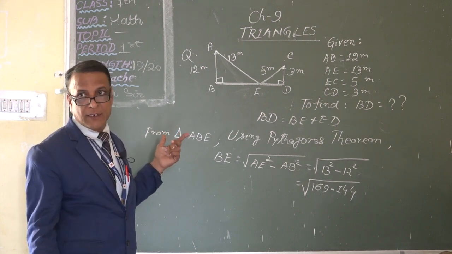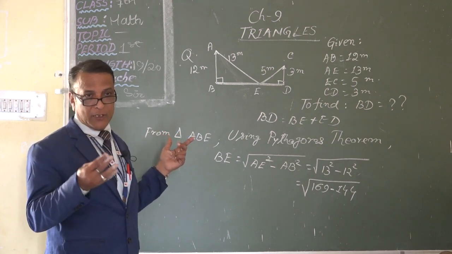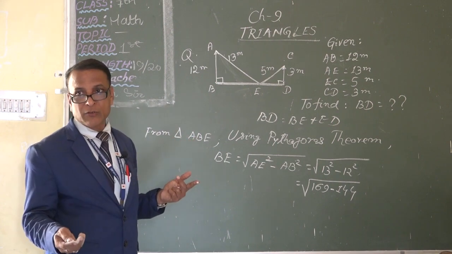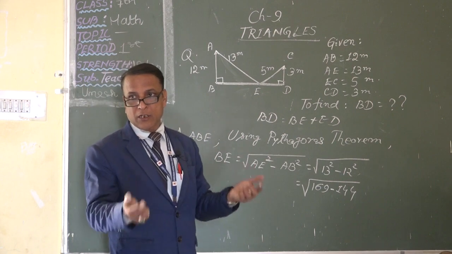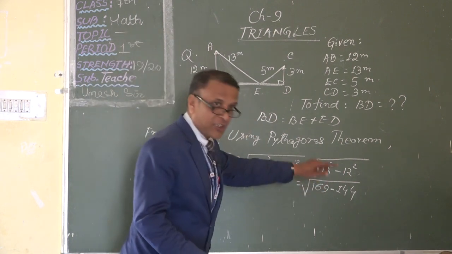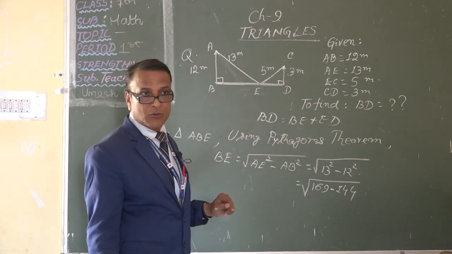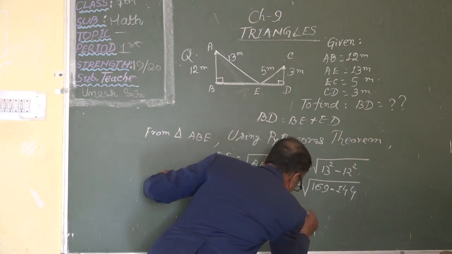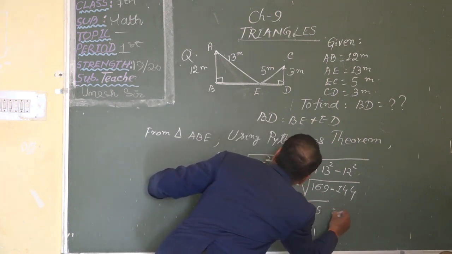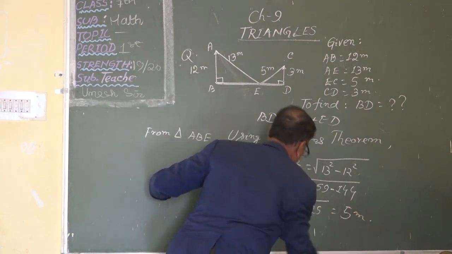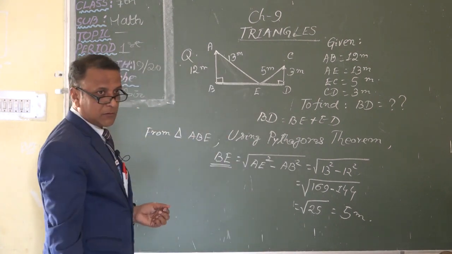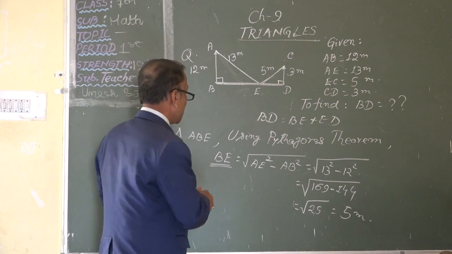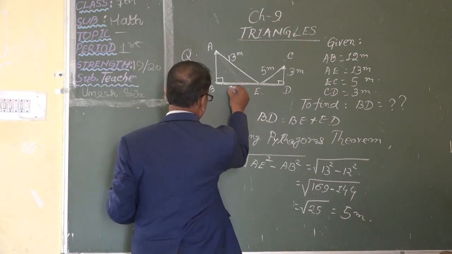If you keep it in your mind, you can do your work very fast. Otherwise, you will count on your fingers. So 169 minus 144, that is equal to 25. So this is equal to square root of 25, that is equal to 5 meter. So we got BE is equal to 5 meter.